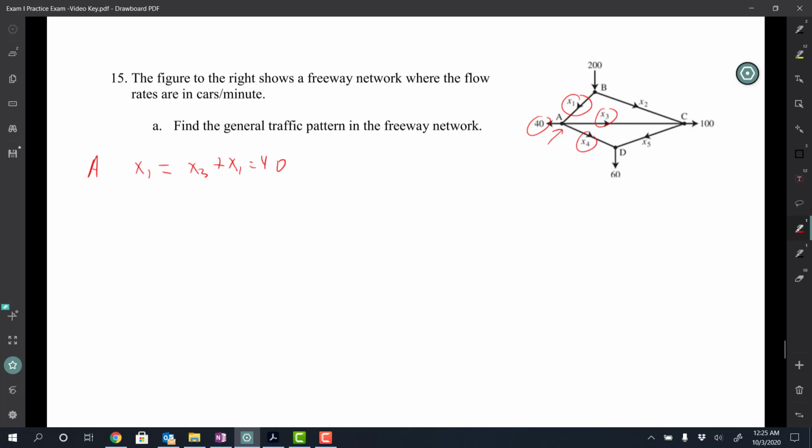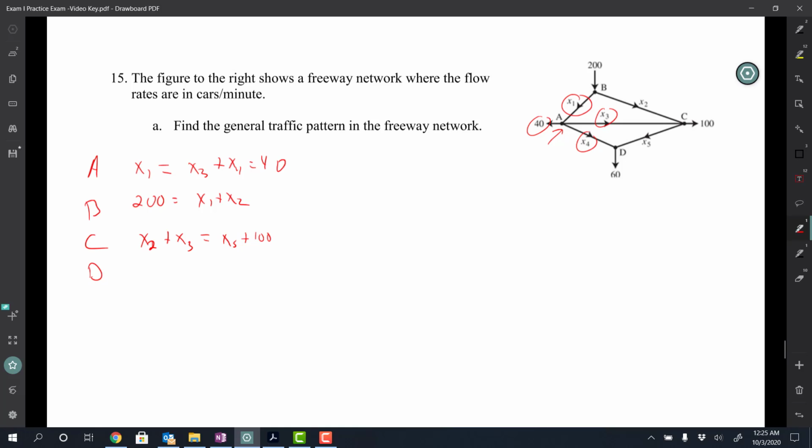When I look at node B, I will have just one value coming in, that is 200, and flowing out will be x1 plus x2. At node C, I'll have two values flowing in, x2 and x3, and flowing out will be x5 plus 100. One more node to go, it's node D.